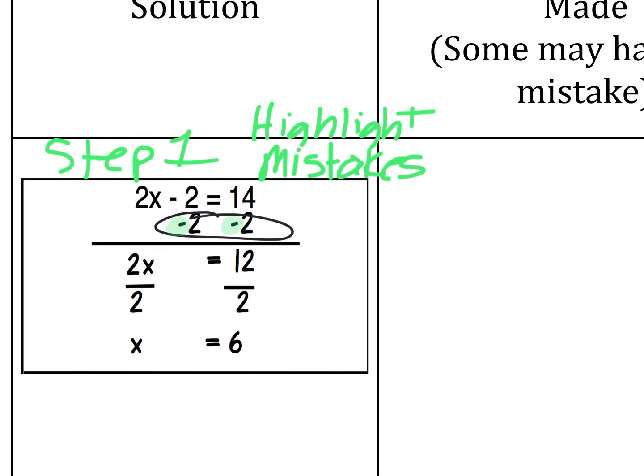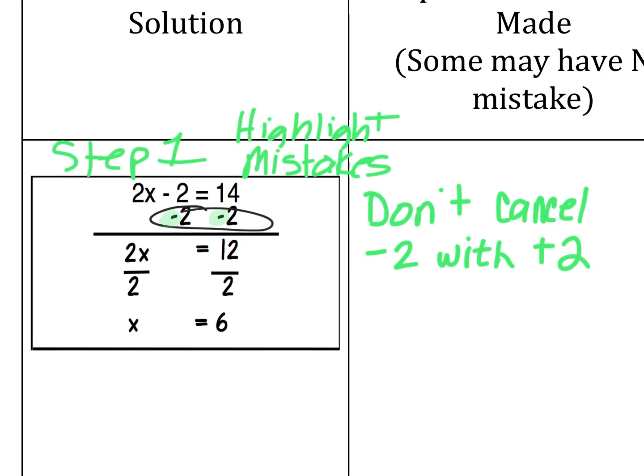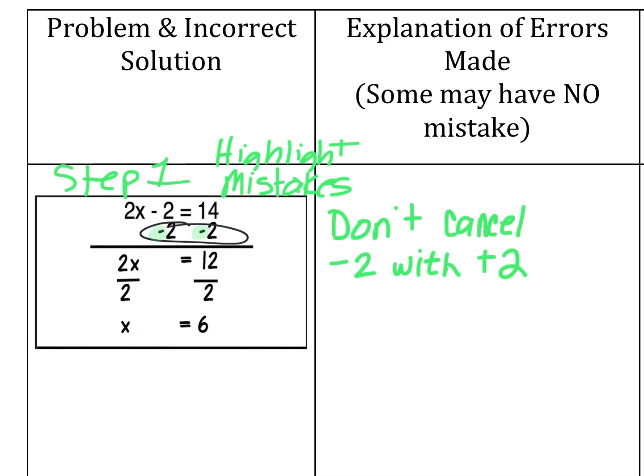And then out here to the side, what was their mistake? This is what I would write on one of your papers: don't cancel -2 with a +2.